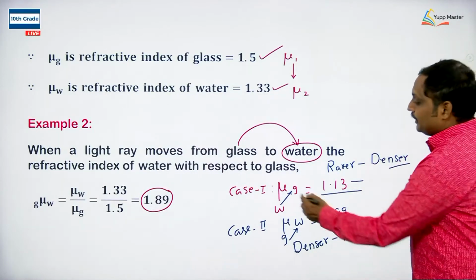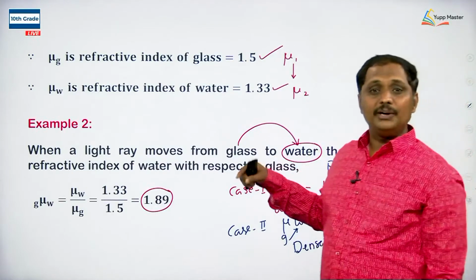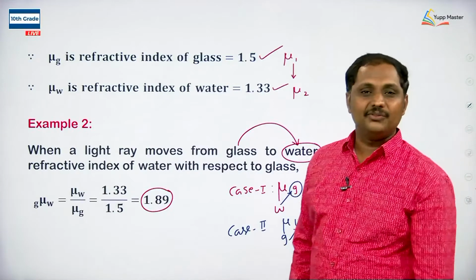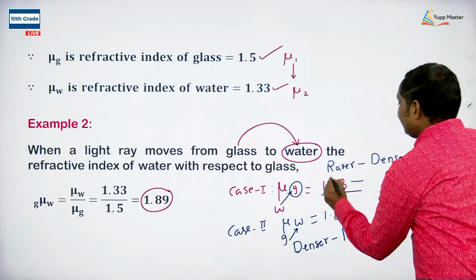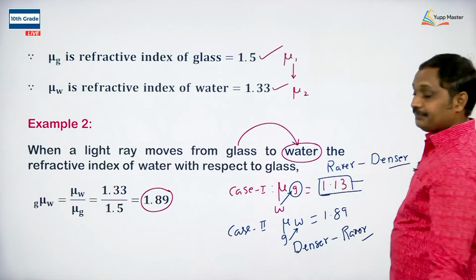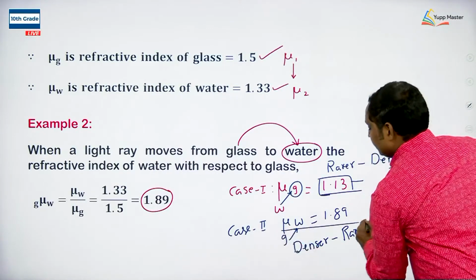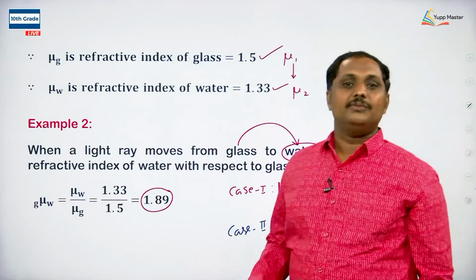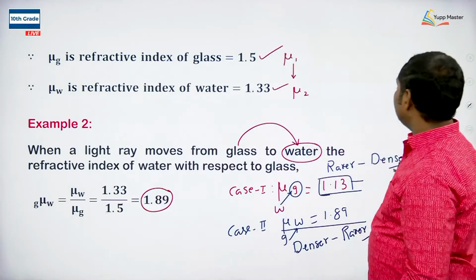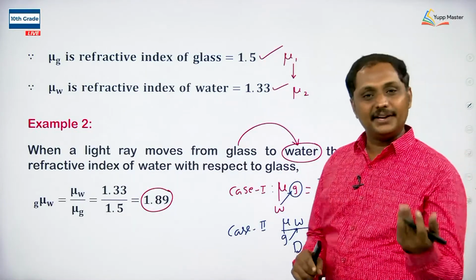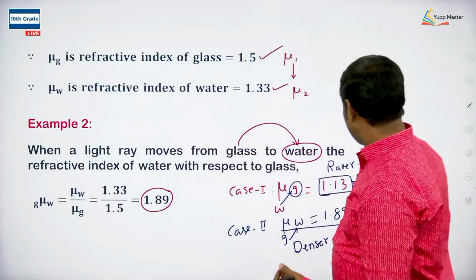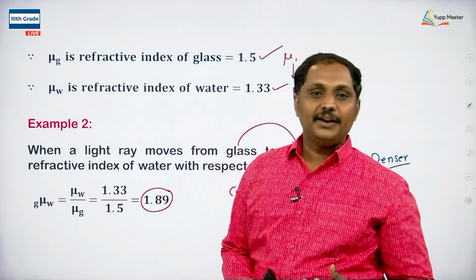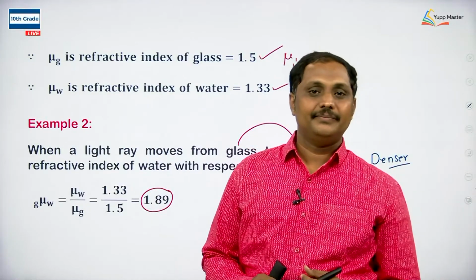Yes, it has entered from water to glass. Generally the refractive index of glass is going to be 1.5. In that case it is 1.13. In that case the refractive index is going to be 1.89. It is more than the actual value. So the light rays enter from denser to rarer and rarer to denser, and you may have that difference in the relative refractive index.